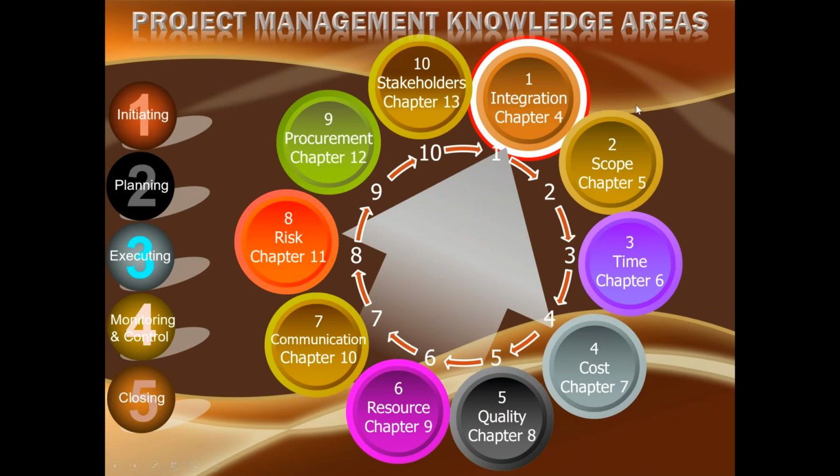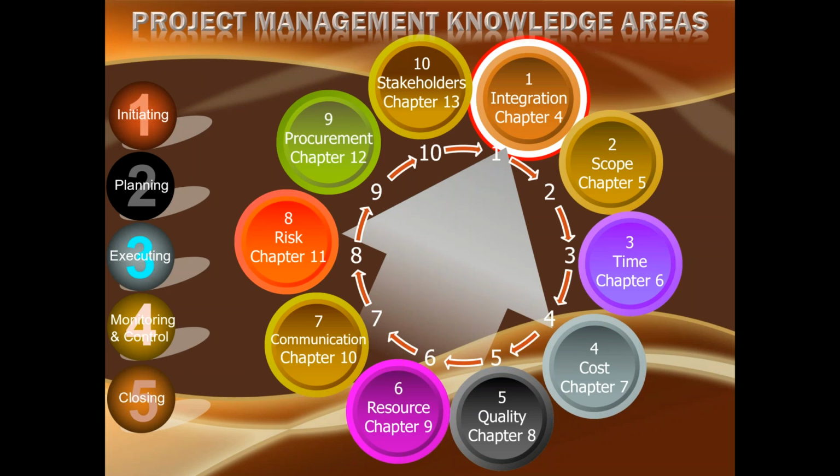So all of these 10 knowledge areas are headed by integration. The first chapter, chapter number 4, because the first 3 chapters are introductory. The 4th chapter is the first knowledge area, and 4th, 5th, 6th, and there are 10 knowledge areas after that, 4 to 13. So the numbers of these knowledge areas are according to the chapter numbers.